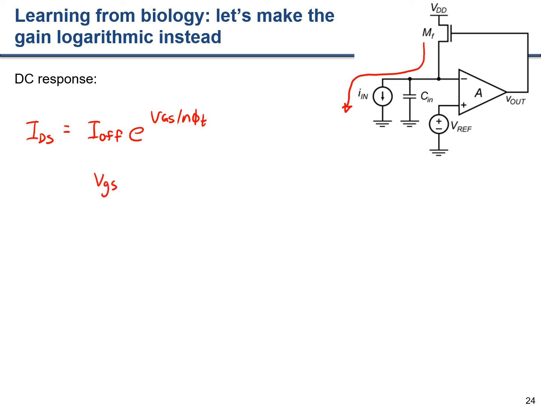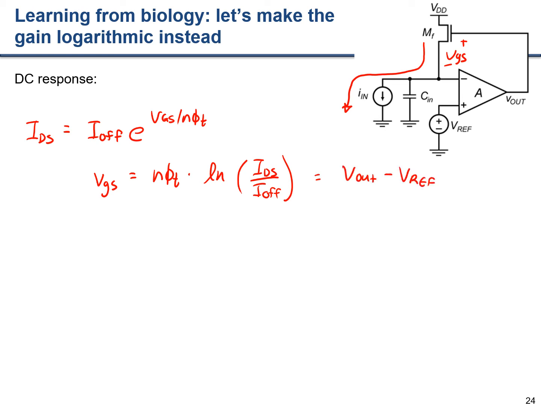So we can solve for VGS. This is equal to n phi t times the natural log of IDS over I off, right? So that gives us VGS. That's this voltage here, VGS. So we can actually go ahead and now say that, well, actually this is equal to Vout minus Vref, right?